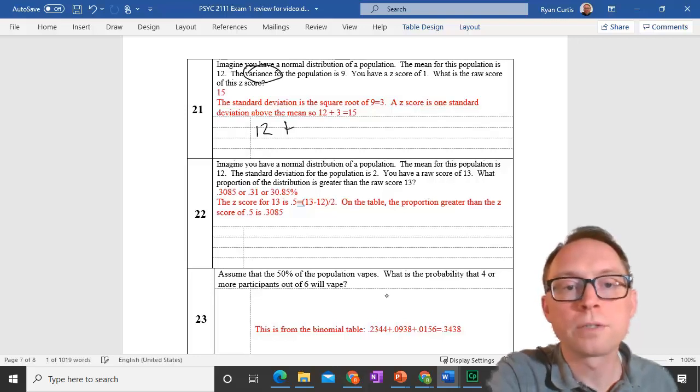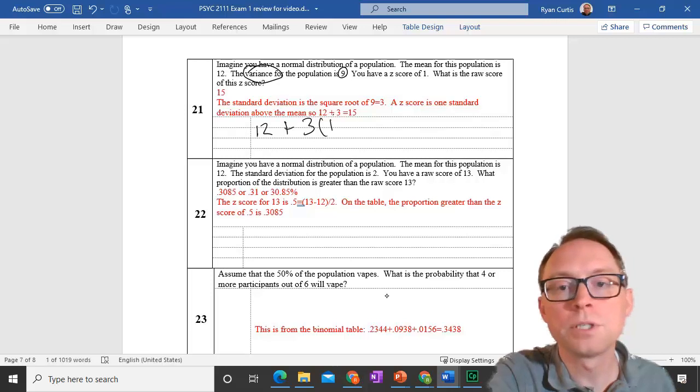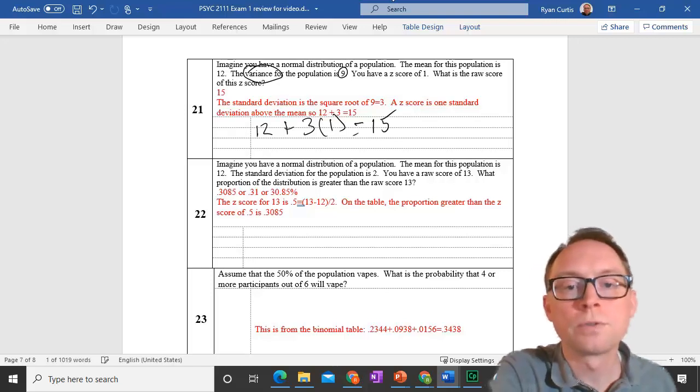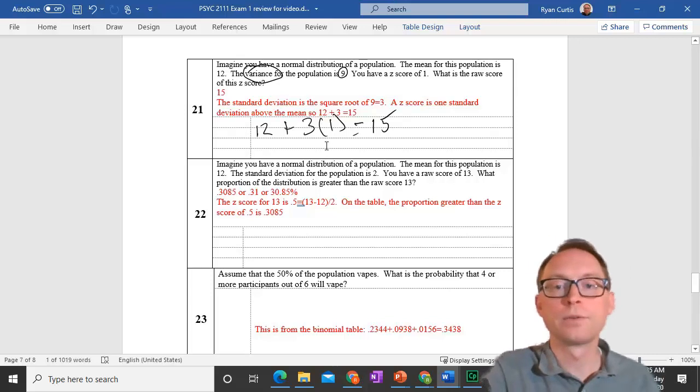So we need to take the square root of that, which is the standard deviation. The square root of 9 is 3, times the z-score of 1, and that's going to give us the raw score. 12 plus 3 times 1 equals 15. So that raw score is 15.